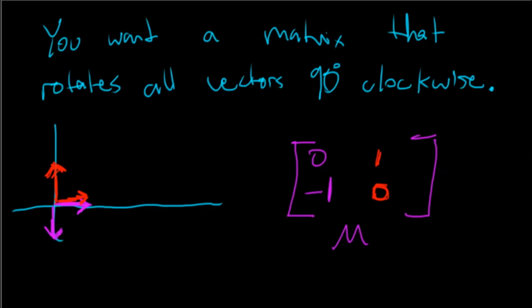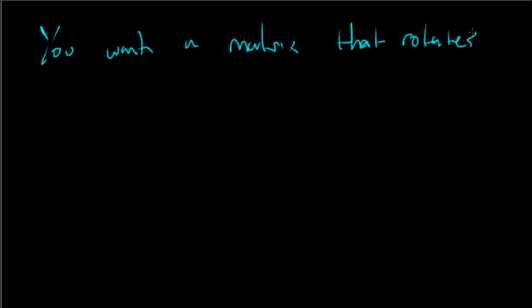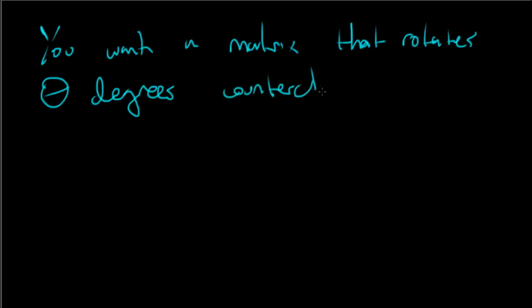All right, something a little bit more complicated. What if you want a matrix that rotates an arbitrary amount of degrees? So theta degrees. Let's go counterclockwise. We're going to use the matrix basis theorem to figure out what the matrix is that rotates theta degrees.